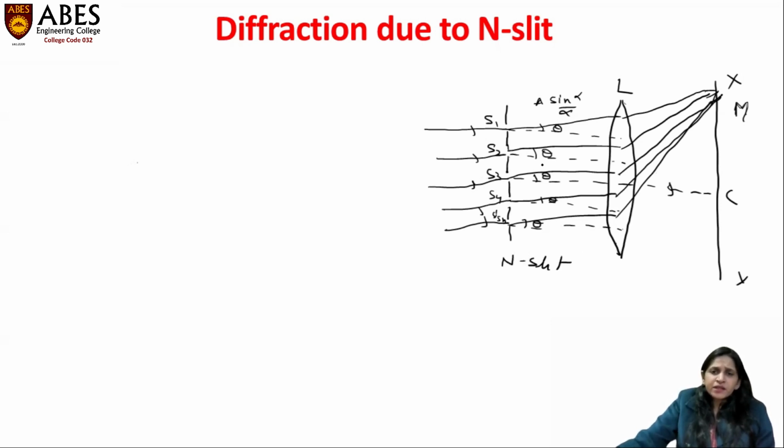Correspondingly, we can find the path difference if we draw a normal from S1 to the rays that are making angle theta.